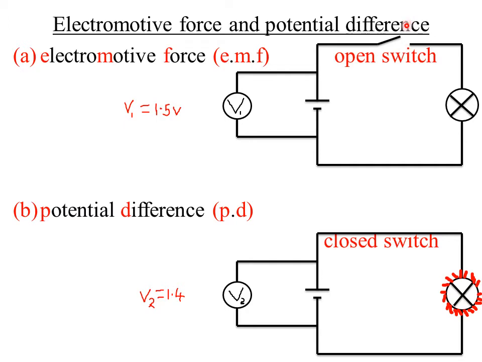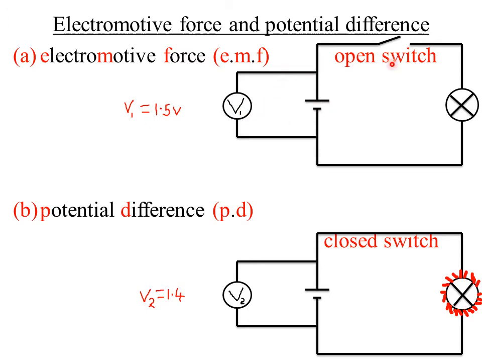When the switch is open this way, we are saying that the circuit is open. It is also important to note that the electromotive force will always be greater than the potential difference. Why? Because for electromotive force, the current does not flow through to other components. That is, the initial amount of charge that was in the battery is measured when the circuit is open.